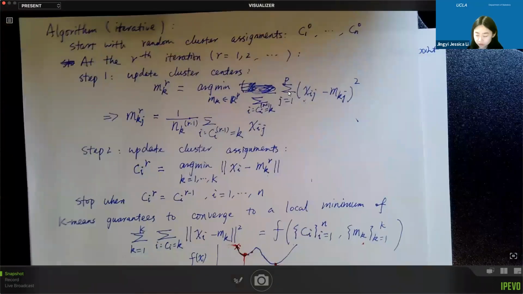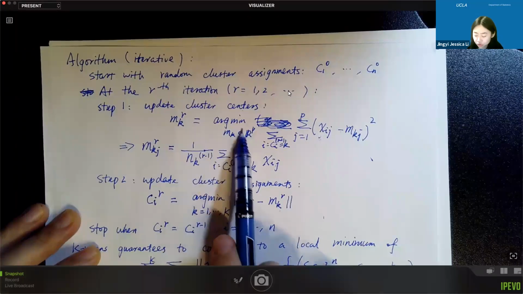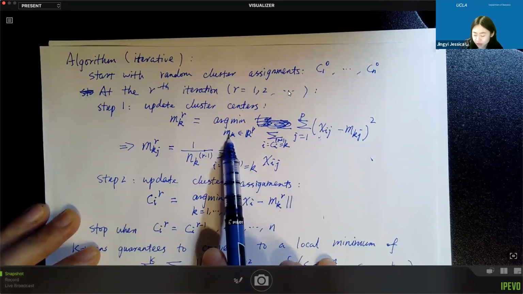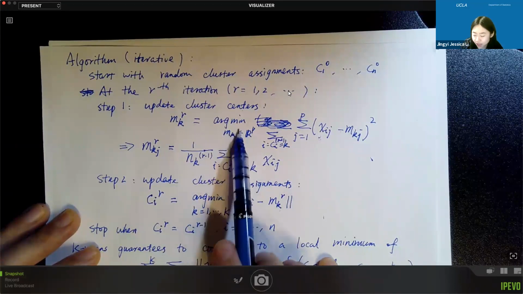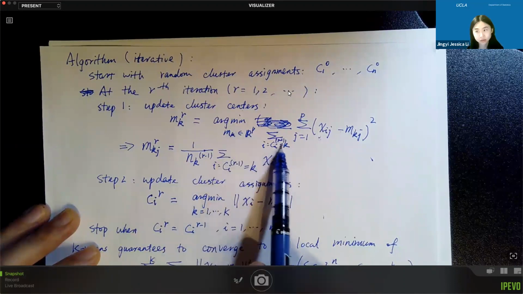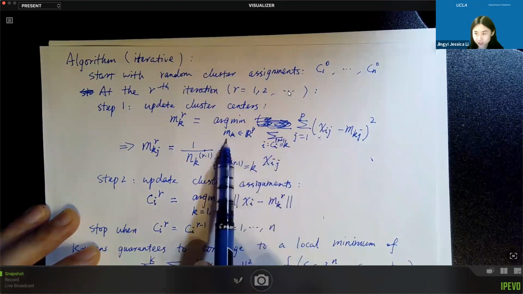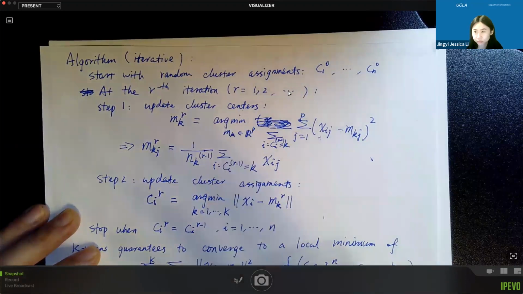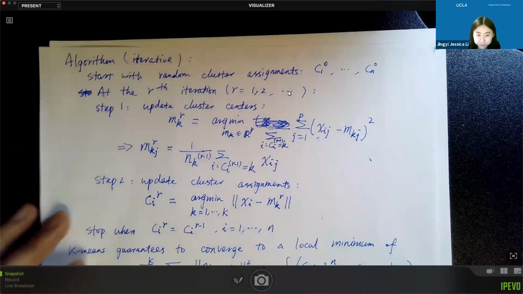Here I'm searching for any p-dimensional vector to be my center MK. In the K-medoids algorithm, your MK must be one of the xi's whose Ci is equal to K. So you are only searching among those points, picking one of them as the center to minimize this objective. So it's a constrained optimization problem.